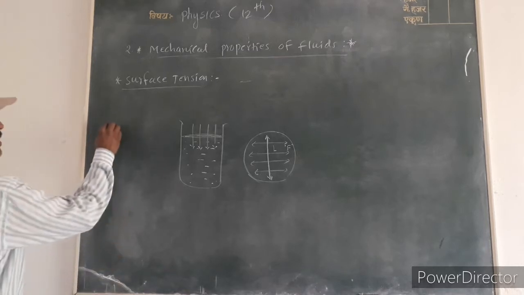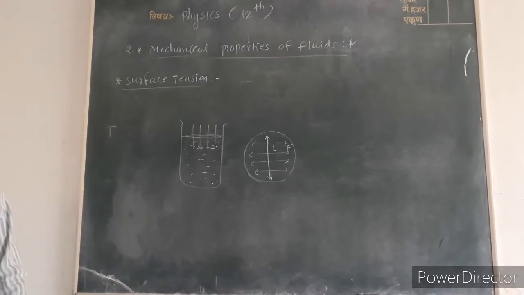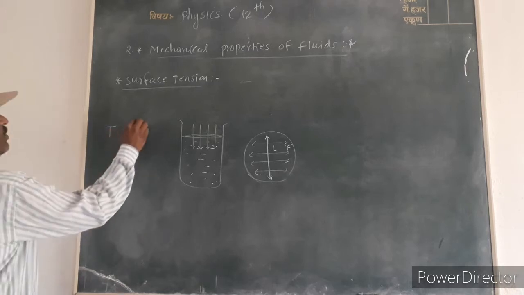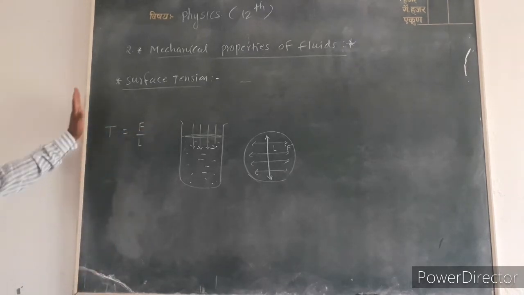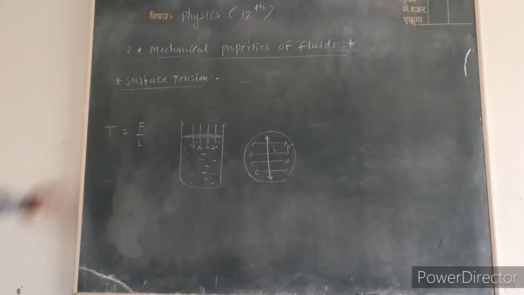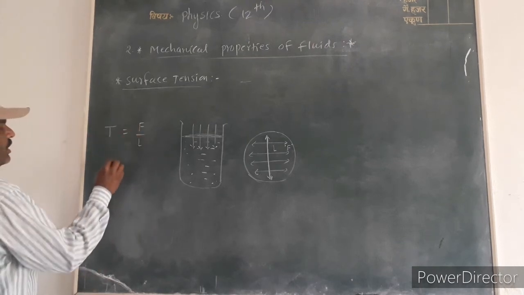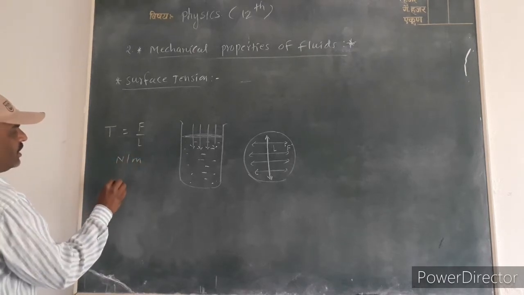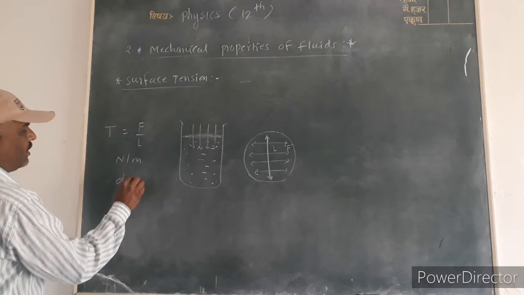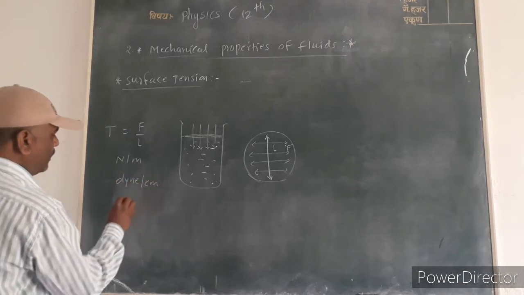The surface tension is given as capital T, and T is equal to F upon L, the mathematical formula of surface tension. The SI unit of surface tension is Newton per meter, and the CGS unit is dyne per centimeter.